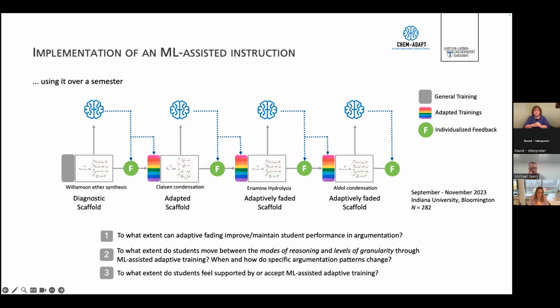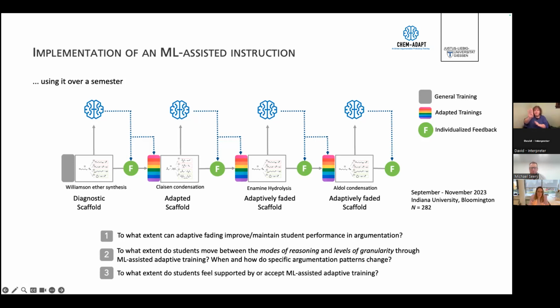So we have a couple of research questions around that. And we just collected data in November, so Paul is very busy analyzing the data and finding ways of actually describing the learning trajectory of students over these 4 different time points, which is not an easy task. But from our perspective, we are interested in: is that actually working? What are the competencies that could be improved over time, or at least maintained over time?